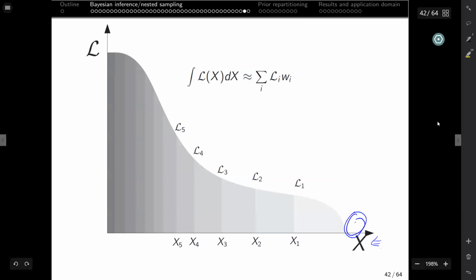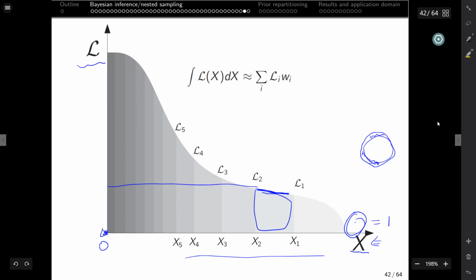So at the very beginning, the prior space equals 1 because it's a unit space. And then we constrain. And the extreme case, the other side, should be 0. So for each of those strips, the area in that strip would be a value between 0 and 1. And for each of them, we will be able to know the likelihood because we have calculated it. And the y-axis here is the likelihood we got.